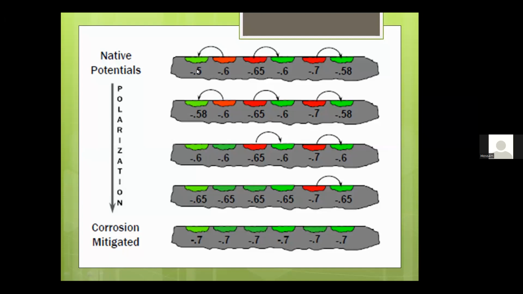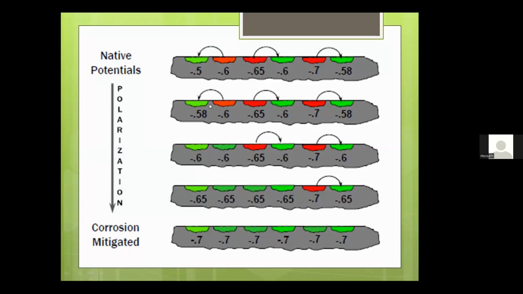When we apply cathodic protection, we will change the potential of these cathodic sides in the electronegative direction from negative 0.5 to negative 0.58. But still, there is a potential difference.